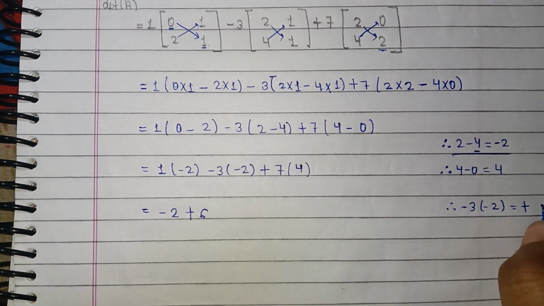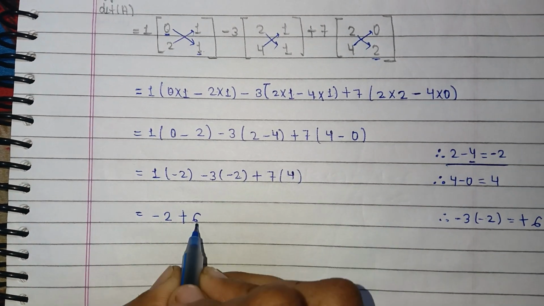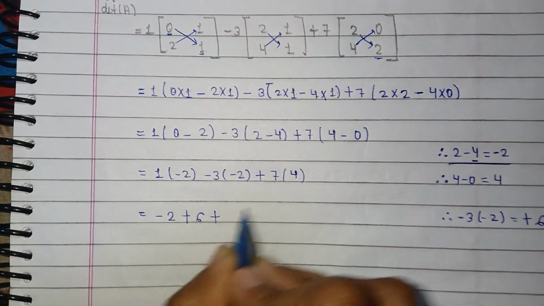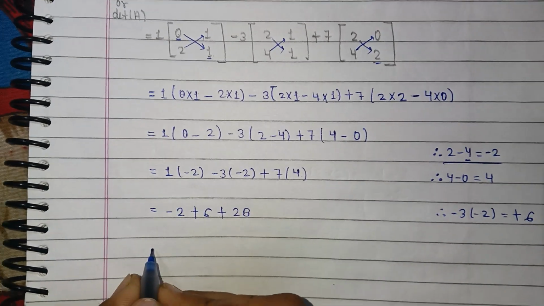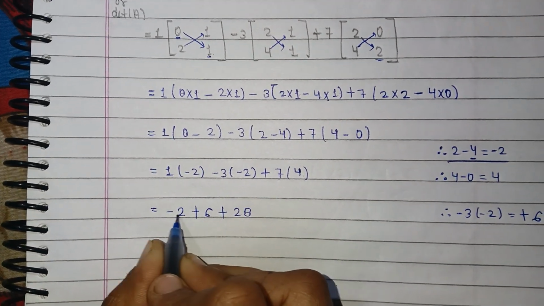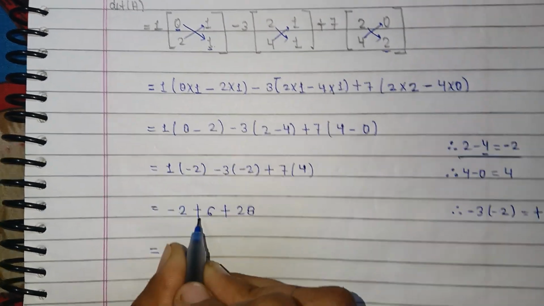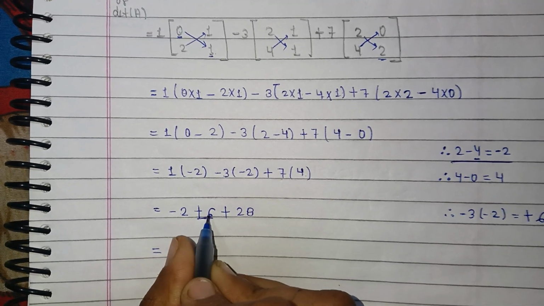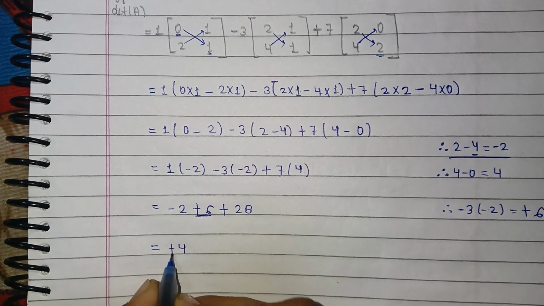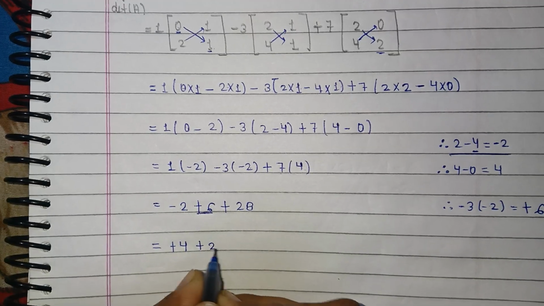So 3 times 2 is 6, that's why 6 comes here, and 7 times 4 is 28. 6 minus 2 is 4, and the sign of the bigger element comes, plus, plus 28.